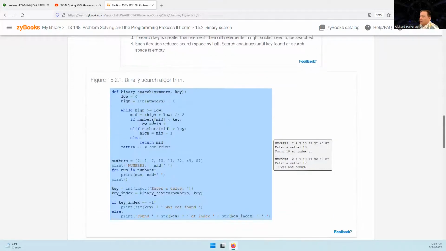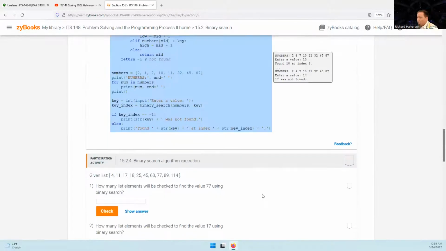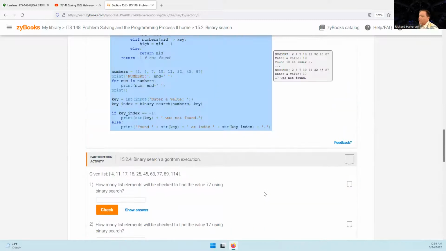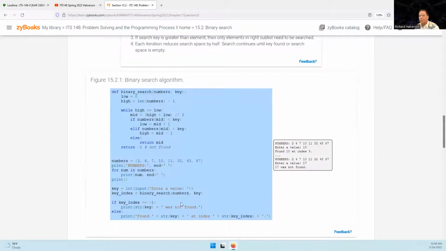Okay, so here's the algorithm, and this is an iterative version of the algorithm. Are we going to talk about a recursive version, I wonder? Because binary search lends itself very well to a recursive algorithm.